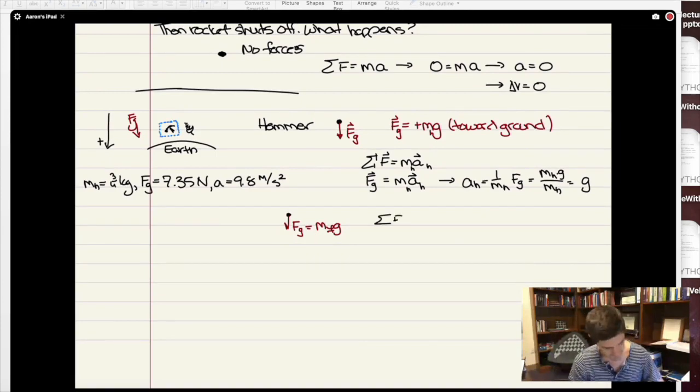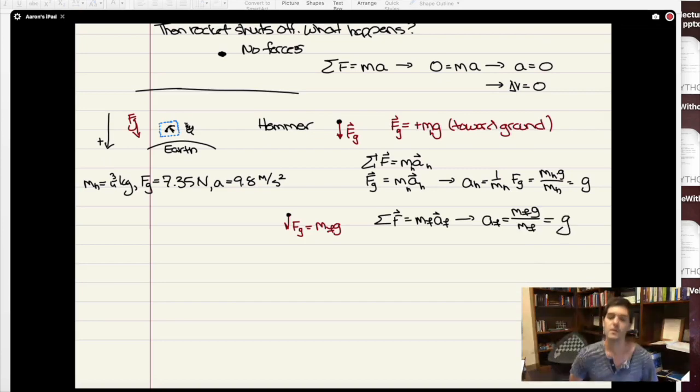And again, for the feather, the sum of the forces on the feather equals the mass of the feather times the acceleration of the feather. And you again get the same exact expression, except there's the mass of the feather in the equations, but it cancels out anyway. And again, you get that the acceleration of the feather is just g, positive g particularly. It's g towards the ground.